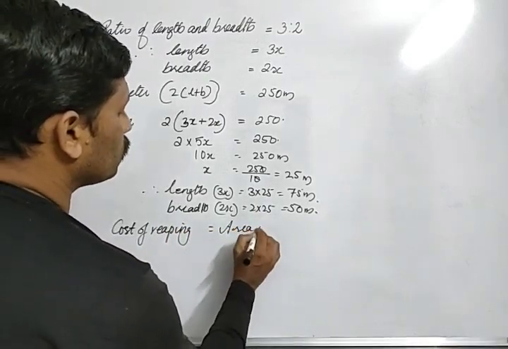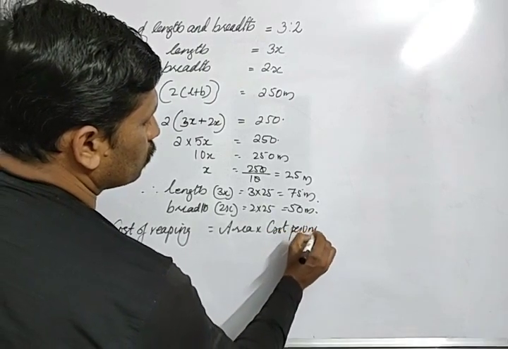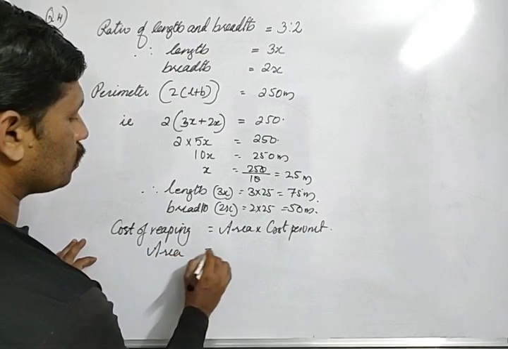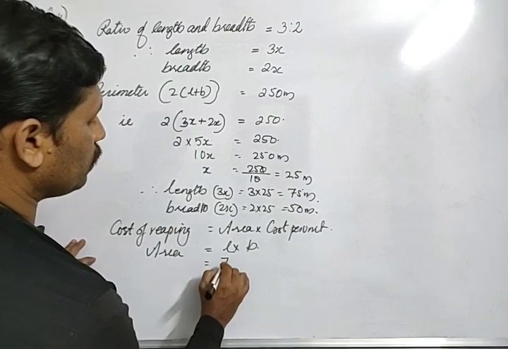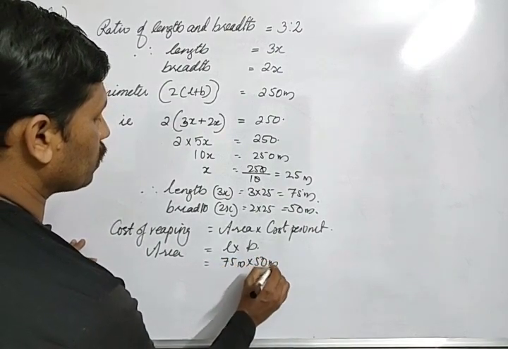Area into cost per unit. Area is equal to length into breadth. That means 75 meter into 50 meter.